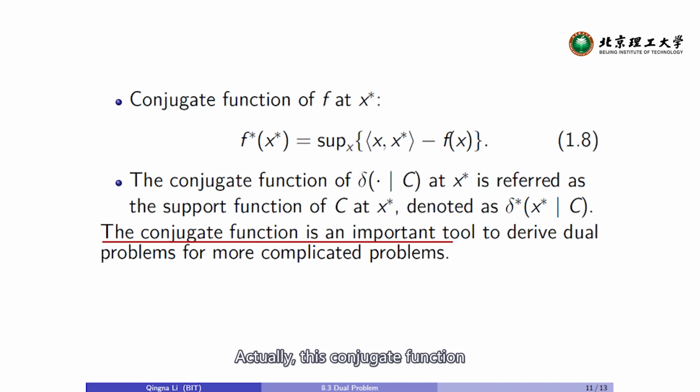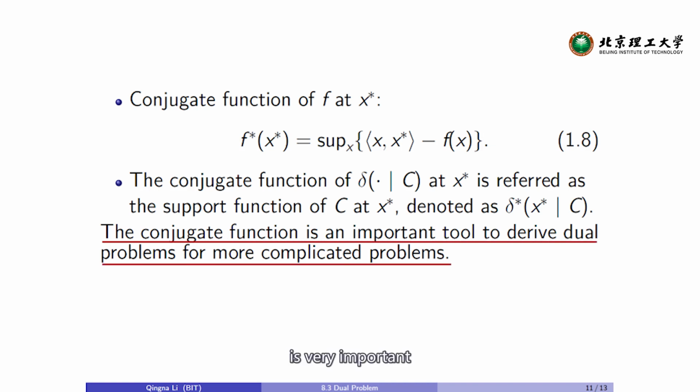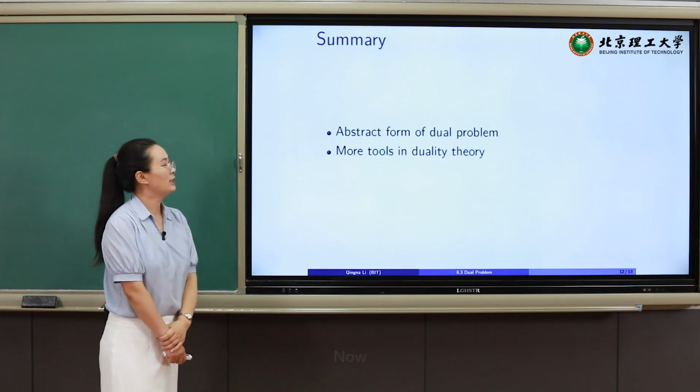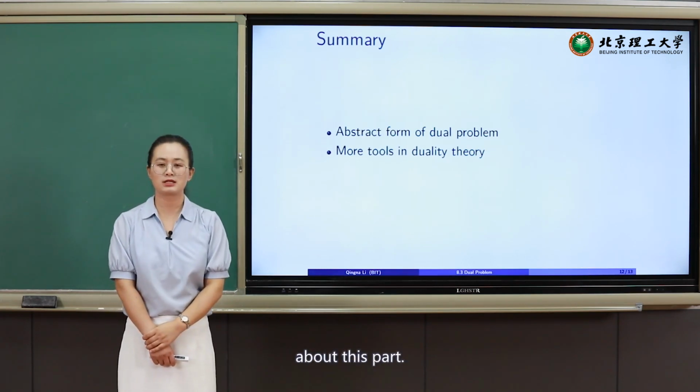Actually, this conjugate function is very important in deriving the dual problem. When we have some very complicated constrained optimization problems, we need to use the conjugate function and the indicator function to derive the dual problem and design more efficient algorithms. Now, let's make a brief summary of this part.